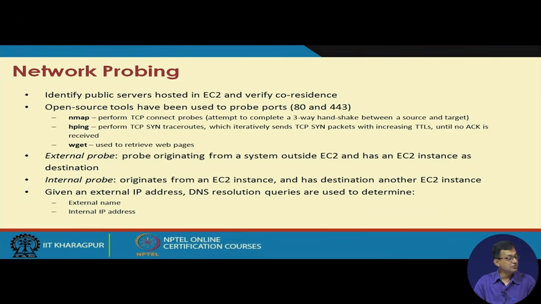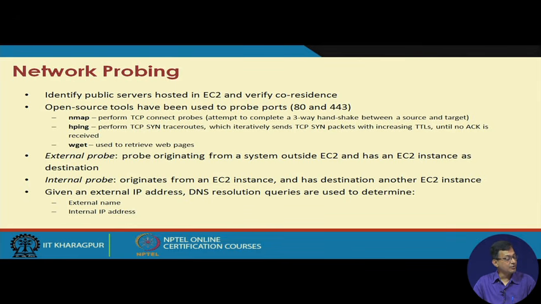Open source tools have been used to probe port 80 and port 443, that is the HTTP and HTTPS secure port, or SSL port, because these are mostly used for external access, and likely they will be open. One such tool is Nmap, others are HPing and wget. These are three popular ones; there are several other tools, and someone can also write their own tool, but they are using probes.